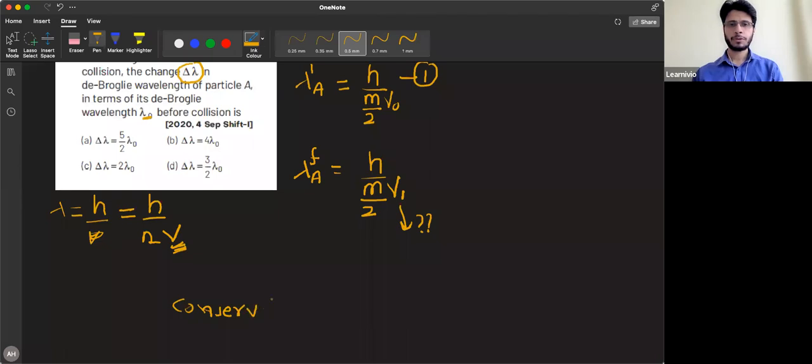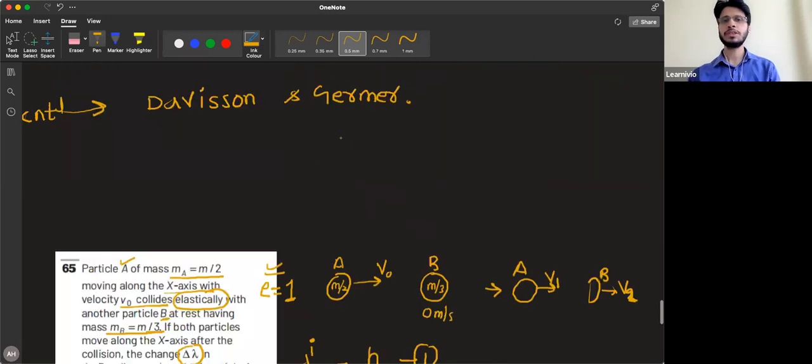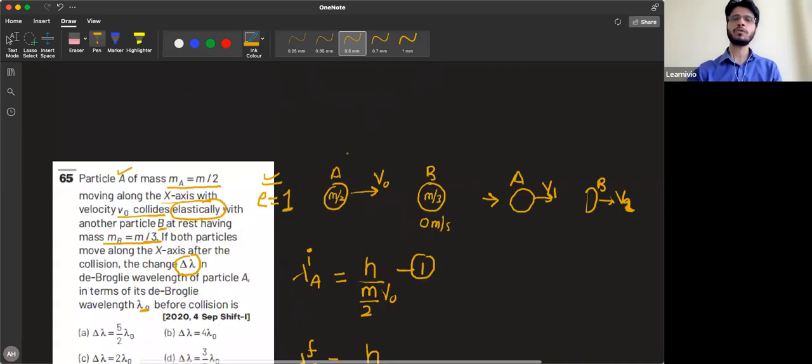It says the initial momentum before collision is equal to the final momentum after collision.